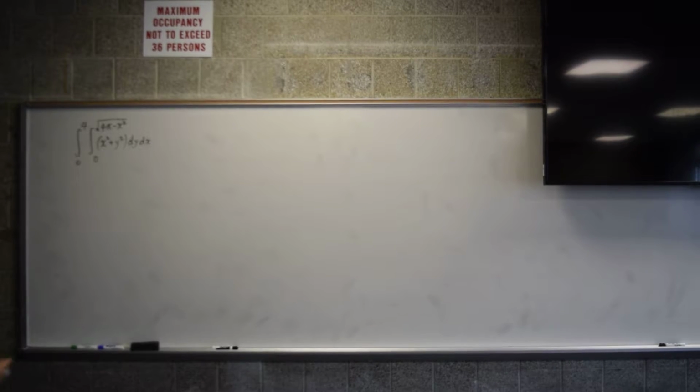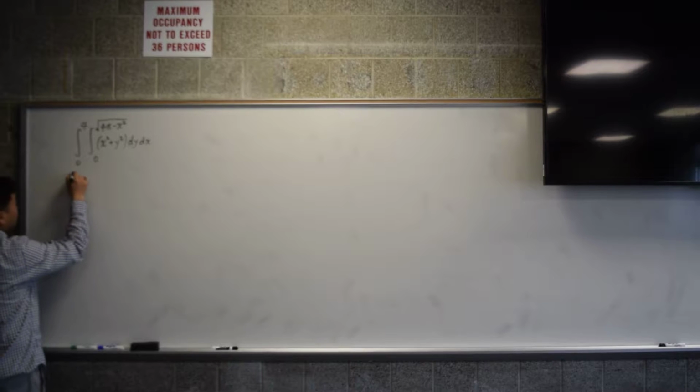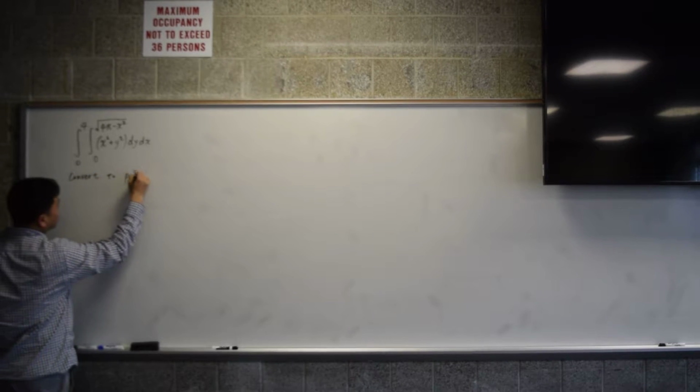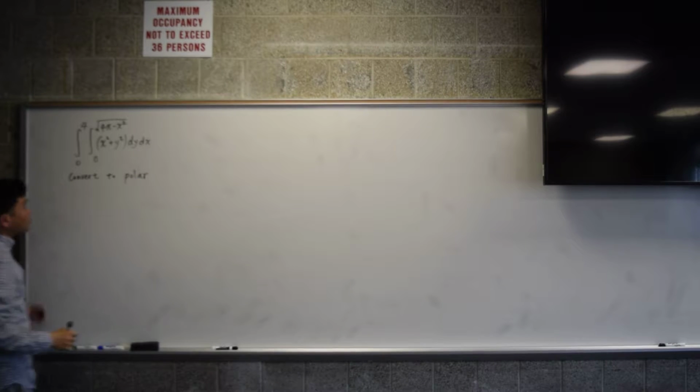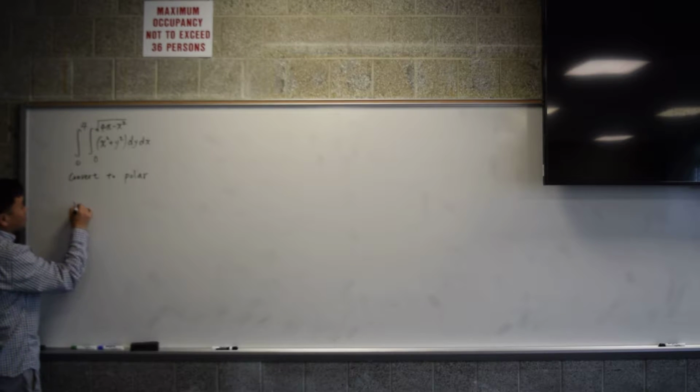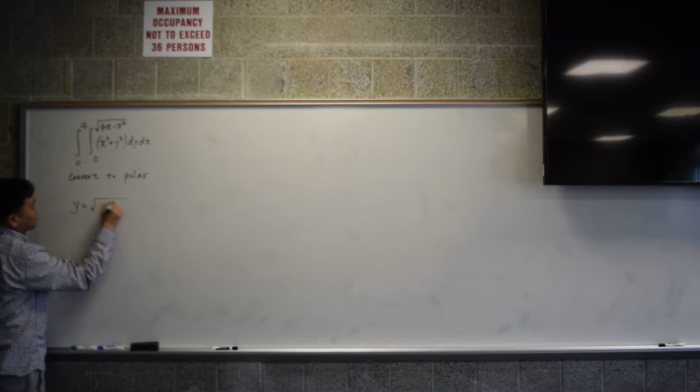The question here is convert to polar. Now, in order to understand what's going on, you should be able to draw this graph, right? So let's try to draw the graph to see what's going on.